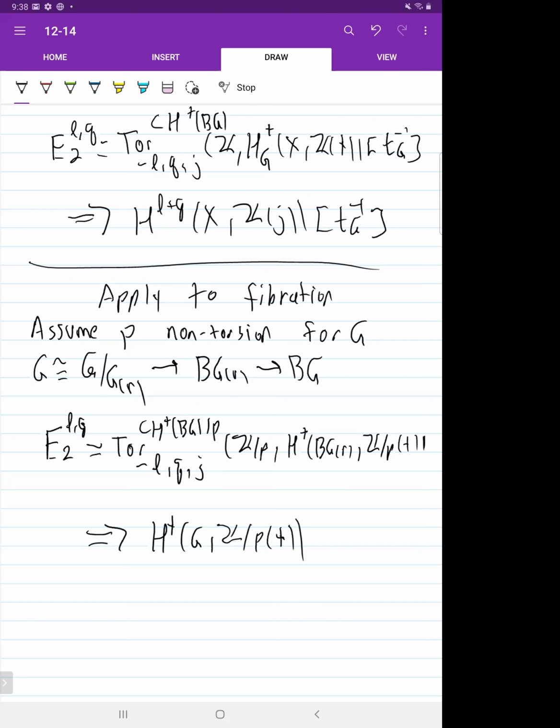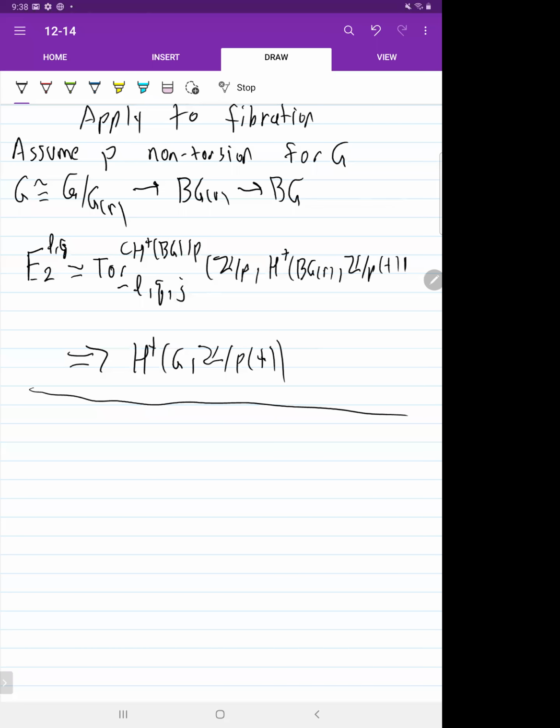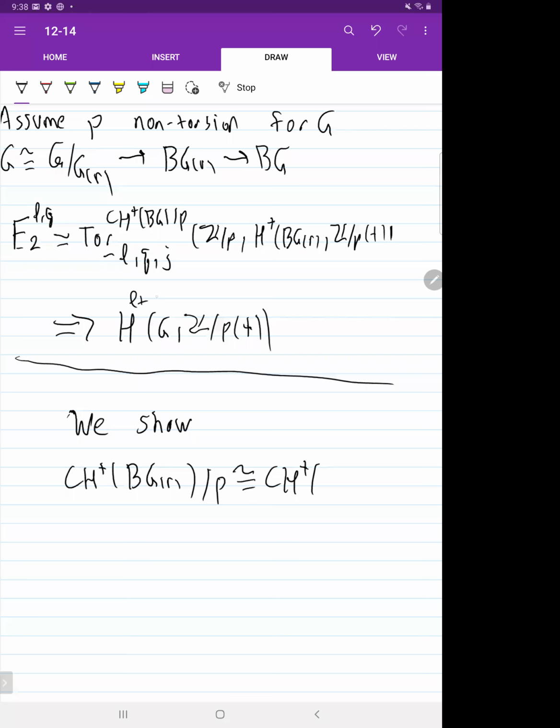I'll say what goes into showing that the Chow ring of BGR is isomorphic to the Chow ring of BG, mod P. So we're going to use the calculation, the cohomology for the p-th roots of unity.